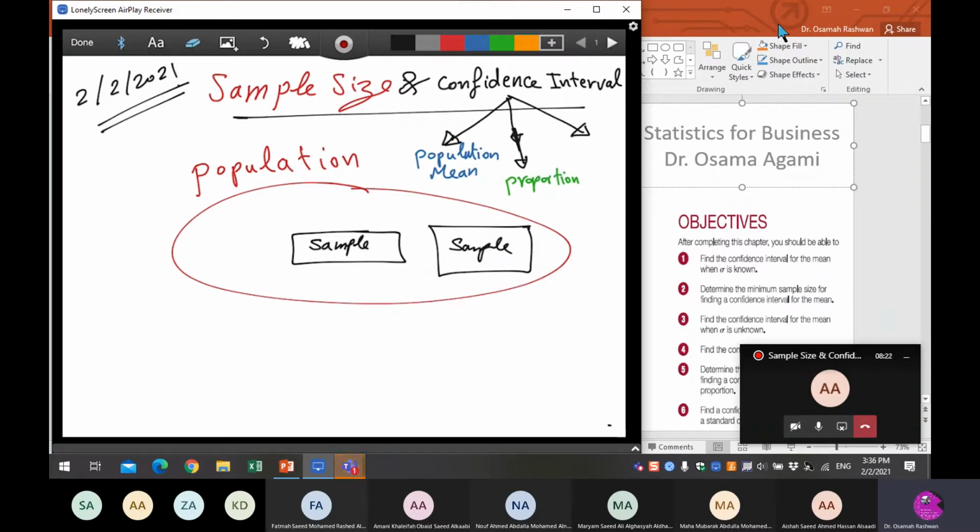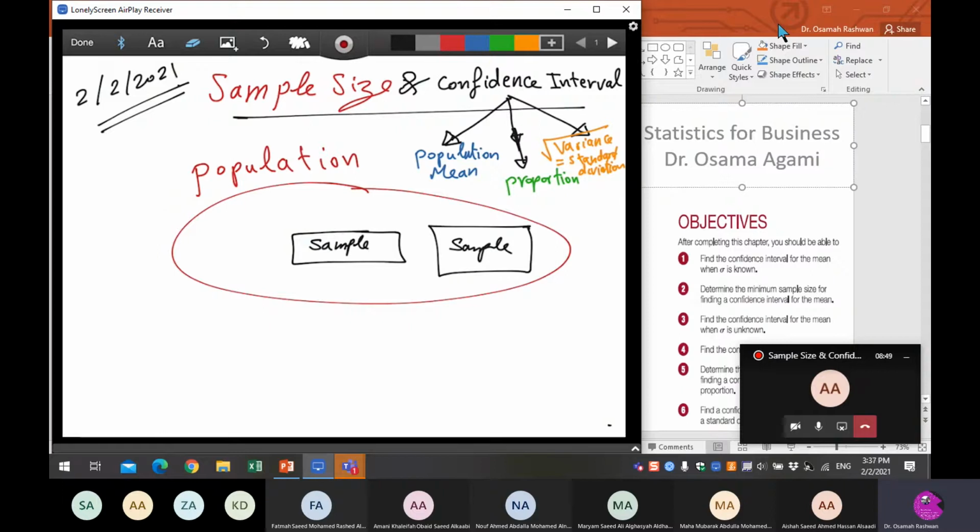And the last thing, we are going to give the confidence interval for the variance. Once we set the variance, if we take the square root, we call it the standard deviation. These are the three things we are going to have the confidence interval for.